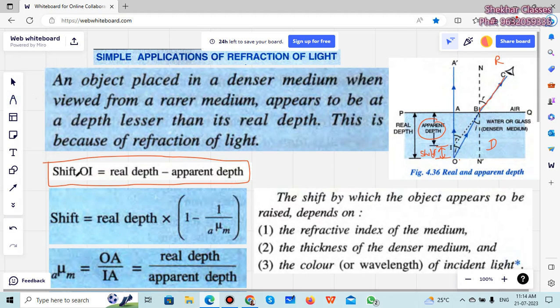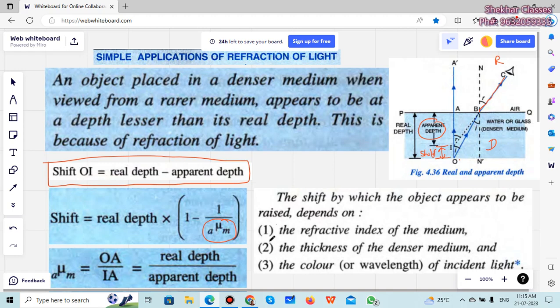The other formula for shift is real depth into 1 minus 1 upon the refractive index of the medium. This medium may be glass, maybe water, and it has a particular refractive index. It is the refractive index of the medium with respect to air, because we are seeing in the air, the rarer medium, and this is the denser medium.